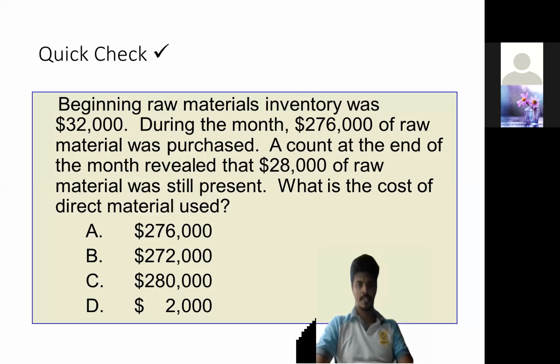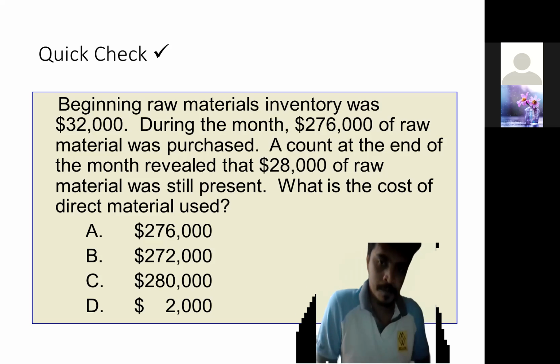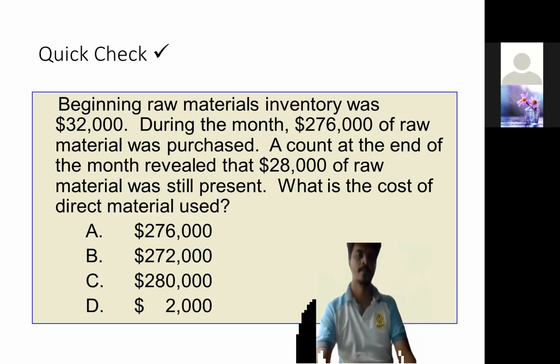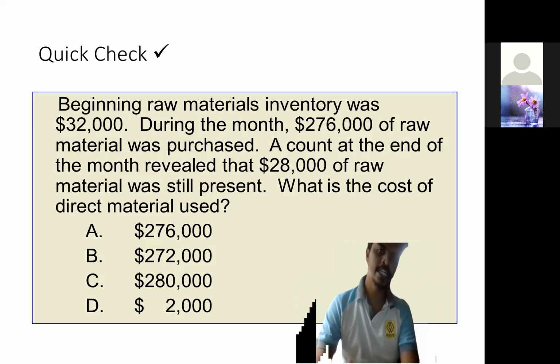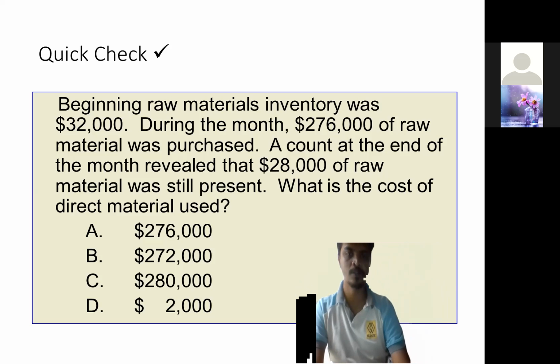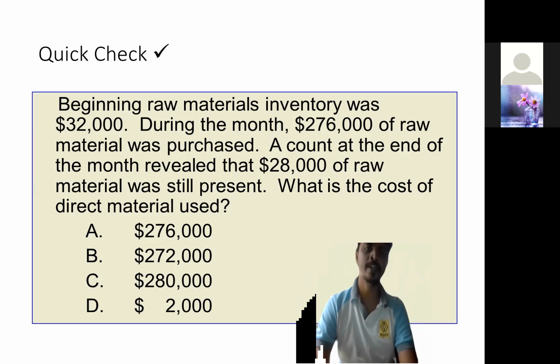Now, can you tell me the answer for this question? Beginning raw material inventory was $32,000. During the month, $276,000 of raw material was purchased.